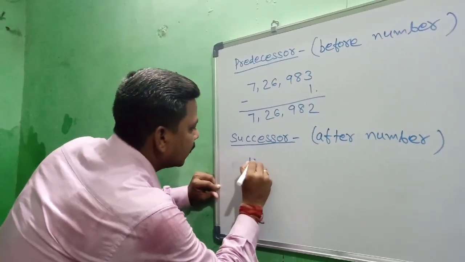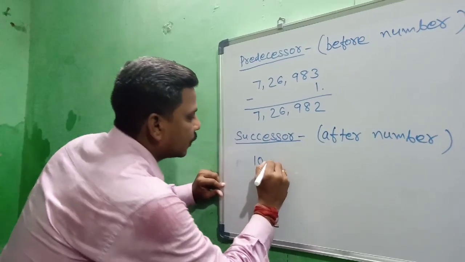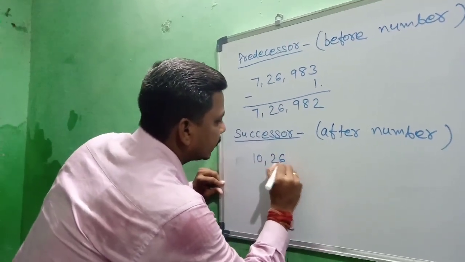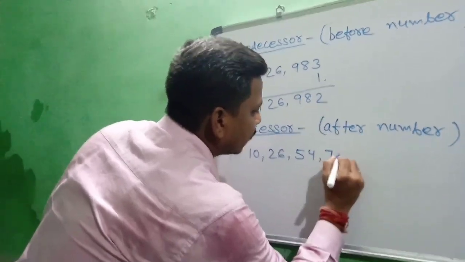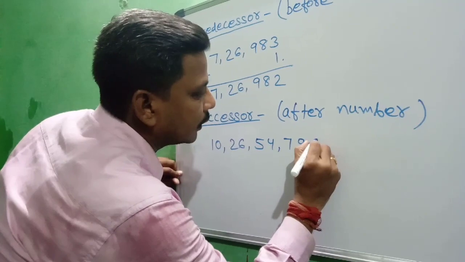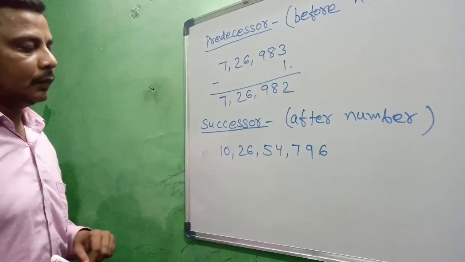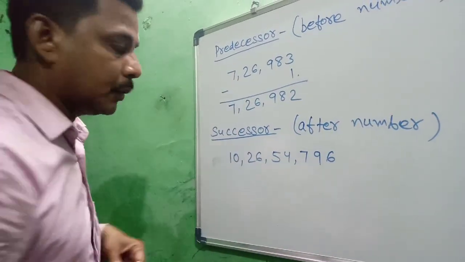Suppose 10 crore 26 lakh 54,796, and now we have to find the successor of this number.